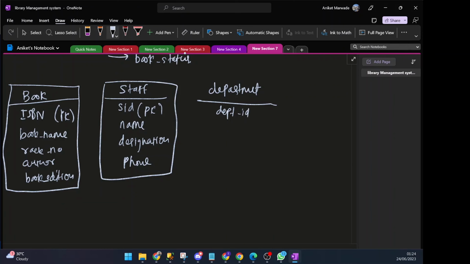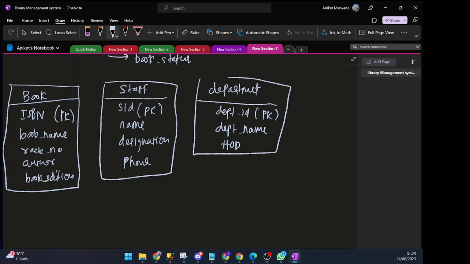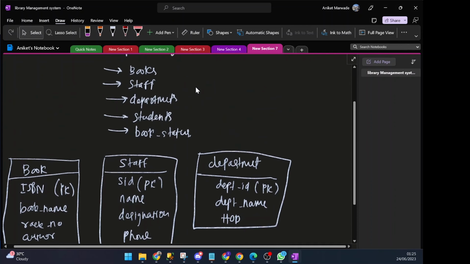It will be unique for each department, so let's consider it as a primary key for this table. And we will have department name, and let's consider HOD name. So it will be HOD. HOD means head of the department. These are the first three tables.